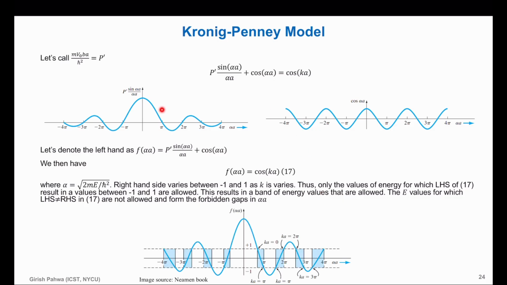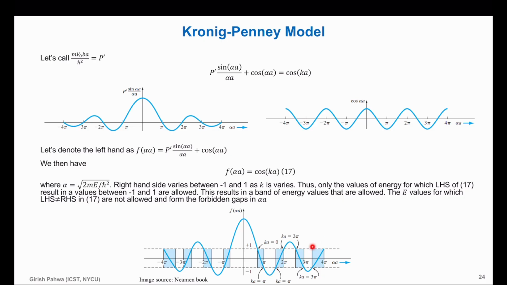So that's what we get. When you sum this and this up, you get something like this. At -pi this is 0, and at -pi this is -1, so you have -1 here. At pi this is 0, and at pi this is -1, so you have -1 here. Similarly, at 2 pi it is 0, and at 2 pi it is 1, so at 2 pi you have 1 here.